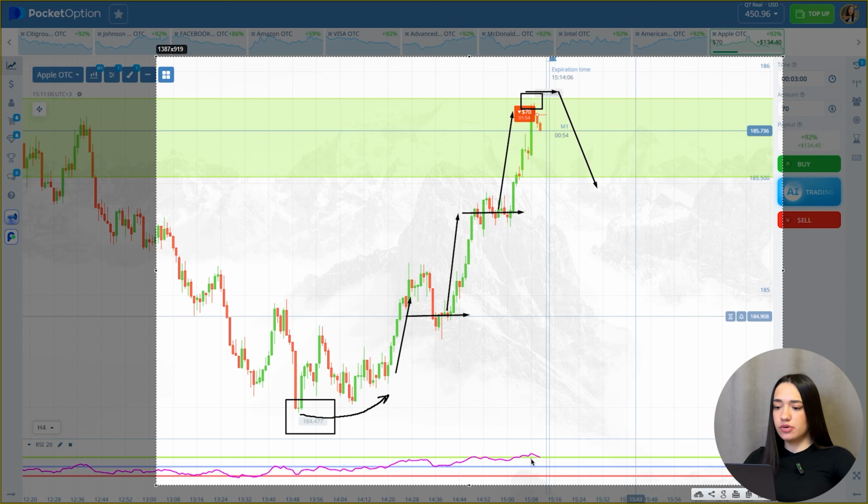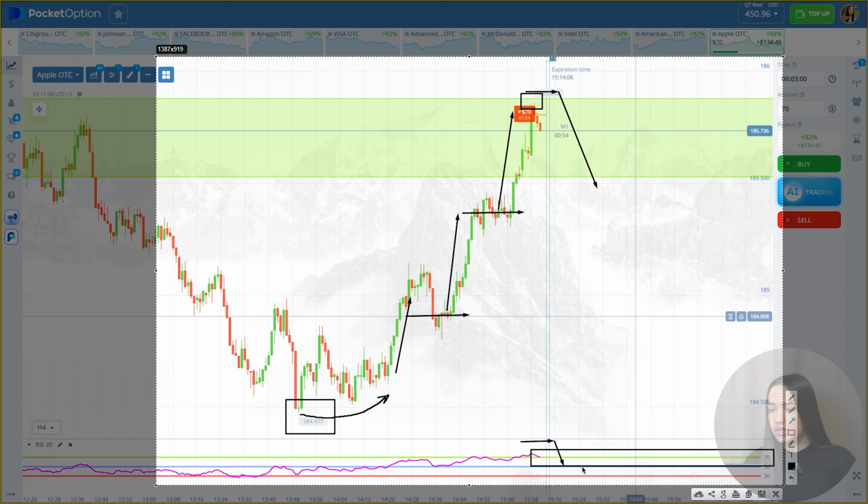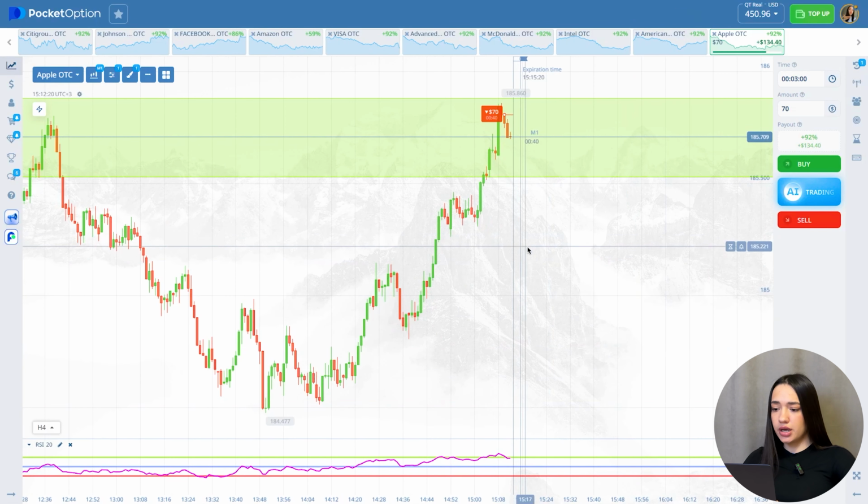So we see that the RSI line, as I mentioned earlier, moved beyond the overbought area with a strong impulse. And in this area, we see RSI crossing the area from top to bottom, which is our signal to open a sell trade.